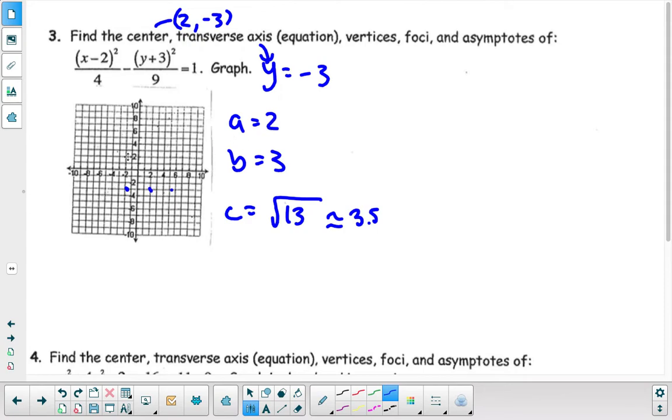We're opening left and right, just like that. And that is 2. Okay. Again, it gets super messy in here, so you try to label them if you can, but the center, vertices, and the foci are at the outer edges of your transverse axis.